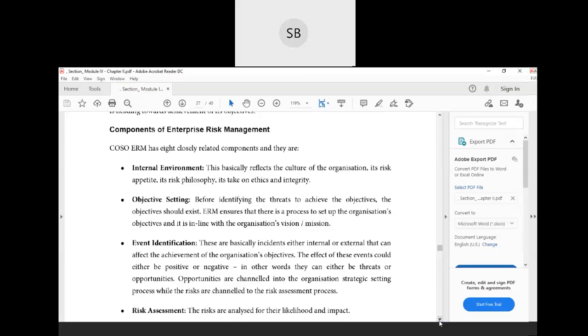Even internal threats exist, so you have to identify them. Internal threats can be anything, such as the technology you are currently using and the resources you have not being well equipped or experienced, having no idea.